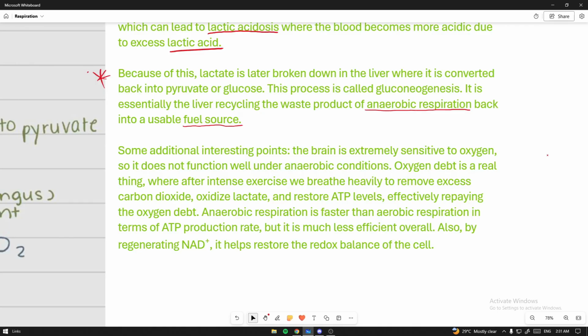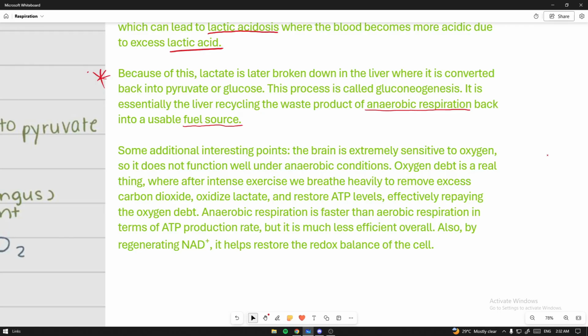There is a buffer system going on, so there's an equilibrium in your blood, and it's gonna move towards the acidic side. So it's important that you get rid of that excess CO2. Anyways, oxygen debt is a real thing where after intense exercise we breathe heavily to remove excess CO2, oxidize lactate, and restore ATP levels.